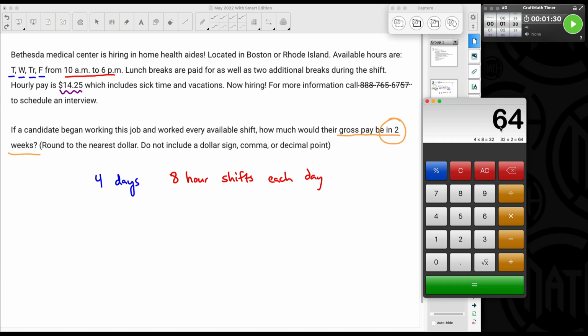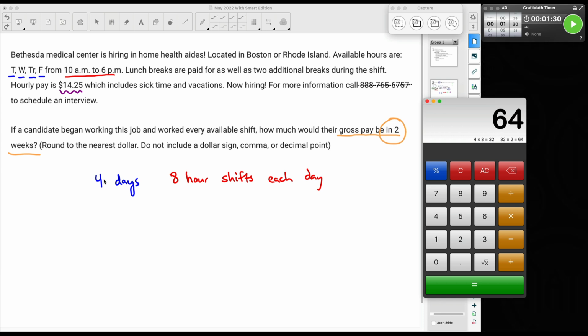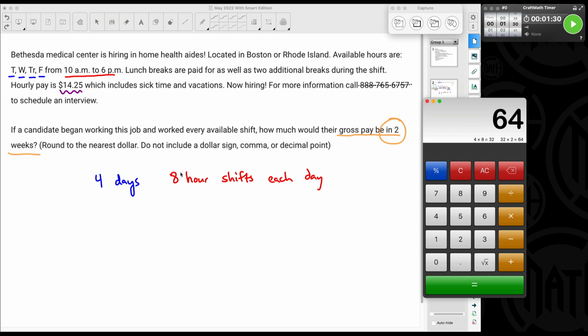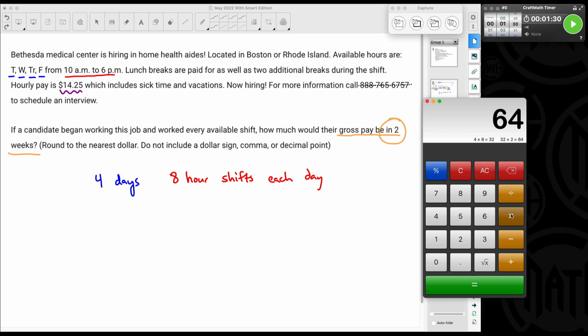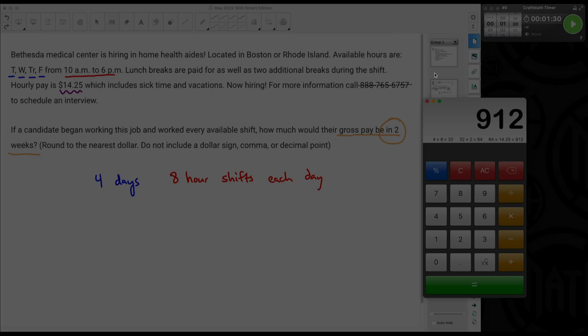So that's a total of 64 hours. So this is the total number of hours, 4 days a week, 8 hours each day for 2 weeks, 64 hours. And the hourly rate is going to be $14.25. So you can multiply by $14.25 and we do get that 912.